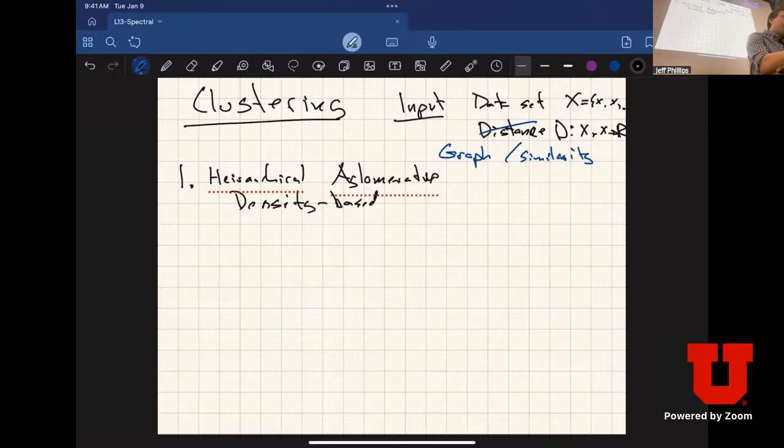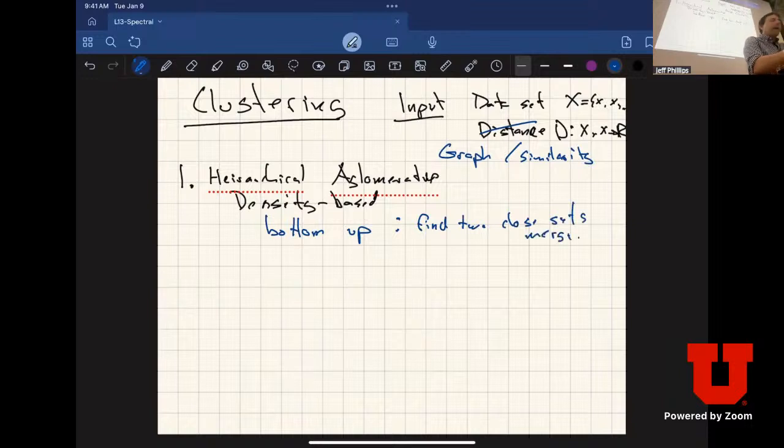This was very much bottom up. It basically worked by finding 2 close sets and then merging these sets, joining them together into a cluster, and then recursively applying this.